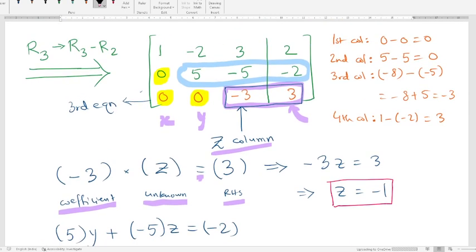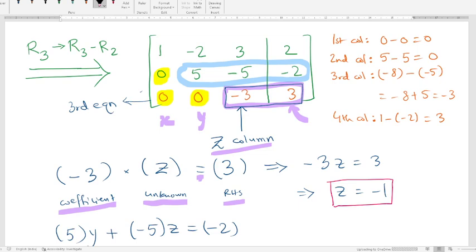This is an echelon form, but as I said, we are using the word echelon form in a very loose manner. This is not really an echelon, though it happens to be an echelon form. But we really wanted the coefficient matrix to be in the upper triangular form.